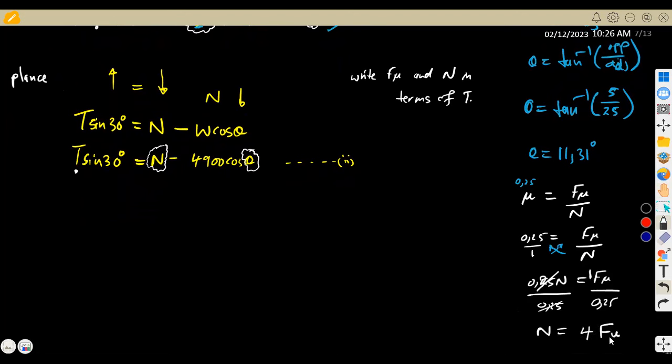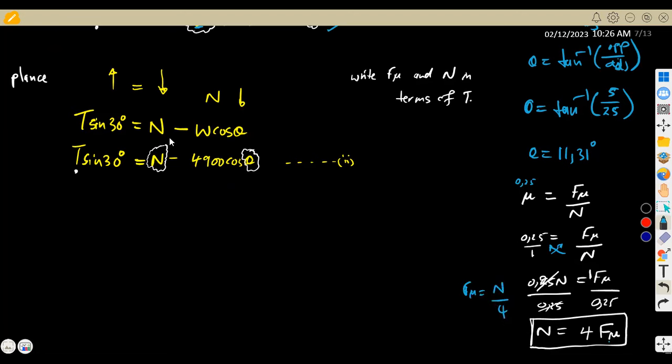So that's 4 times the frictional force. All right. So this can be represented in place of N, or you can write it in terms of the frictional force, because we can see the frictional force is equivalent to N over 4.